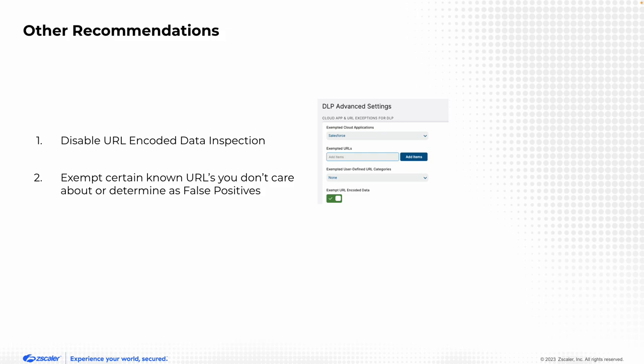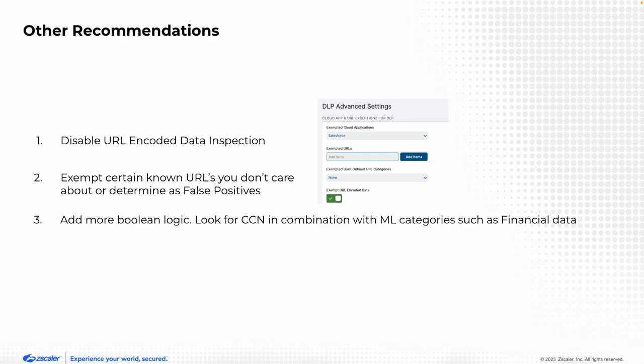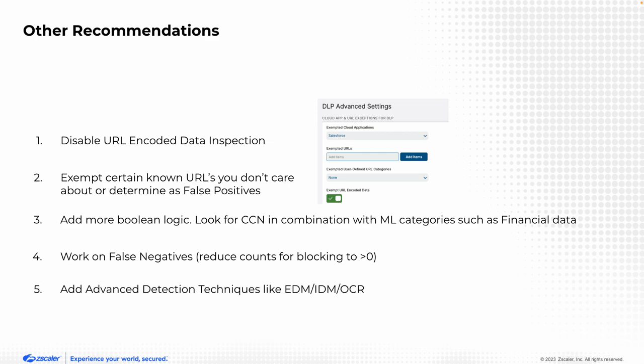You can also exempt certain URLs or user-defined URL categories from DLP evaluation to reduce false positives even further. You can add Boolean logic leveraging ML categorization. By fine-tuning the dictionaries, like I showed by applying minimum file size, apply DLP policies to a set of users and subject dictionaries to specific destination URLs. Then advanced data classification, like I showed with OCR.